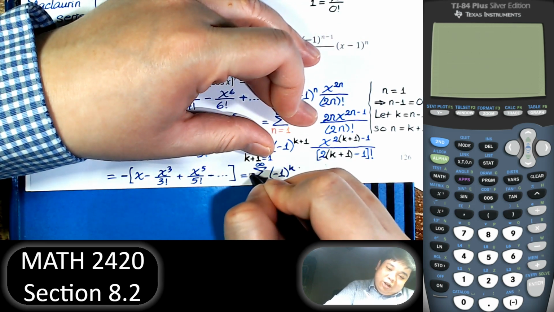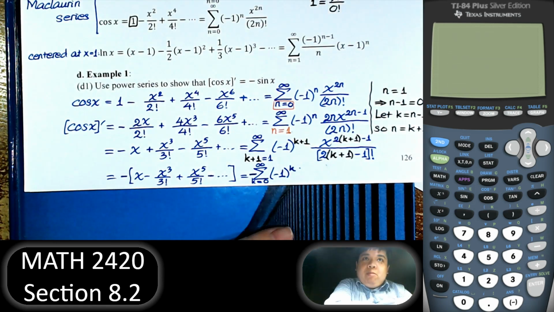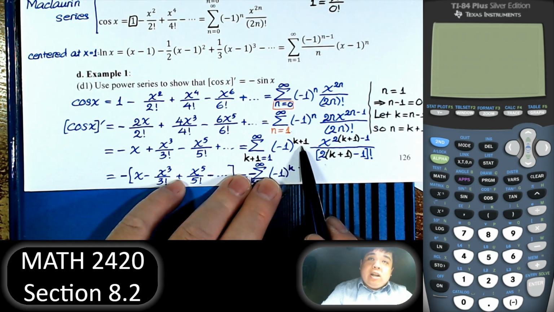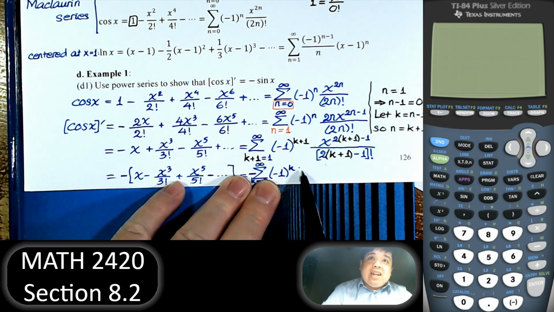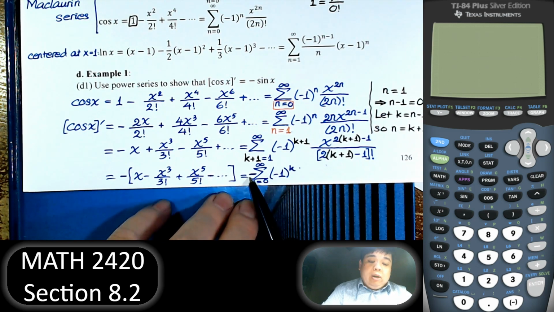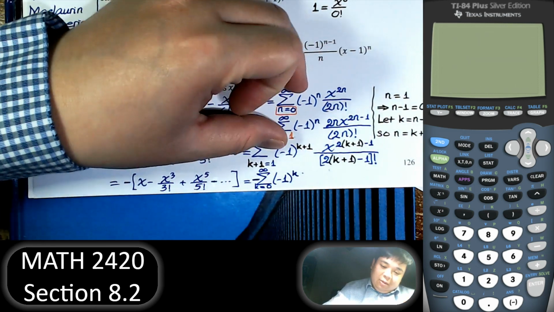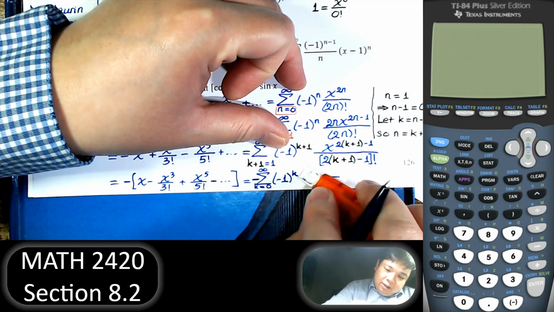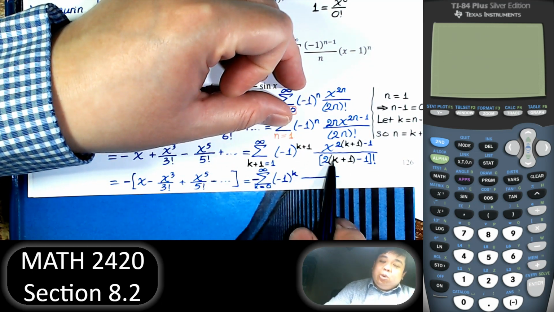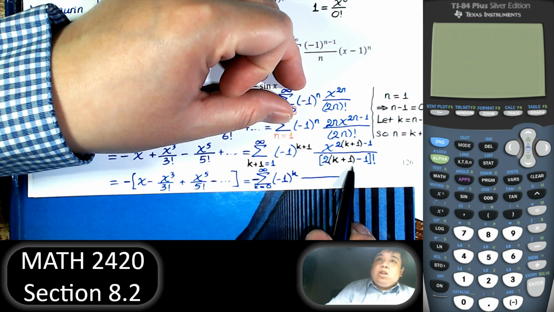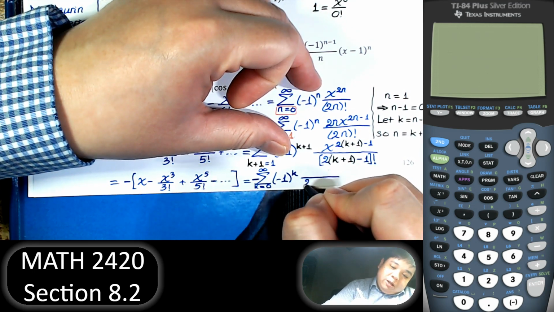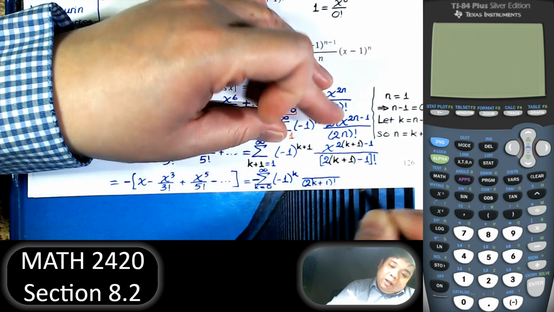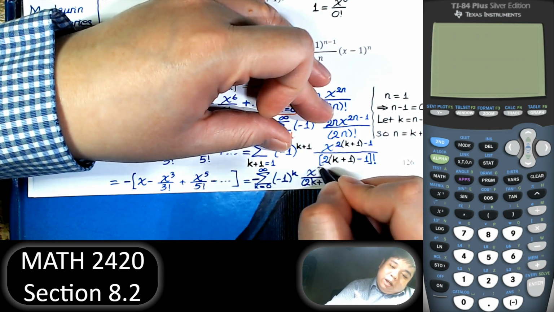And then I just put the negative 1 on the outside. Right? Negative 1 to the k plus 1 is negative 1 to the k times negative 1. The negative 1 I move in front. And finally 2k plus 2 minus 1, 2k plus 1. And once again x to the 2k plus 1.